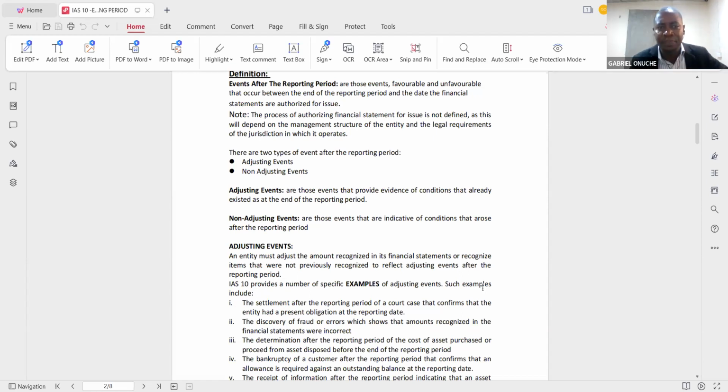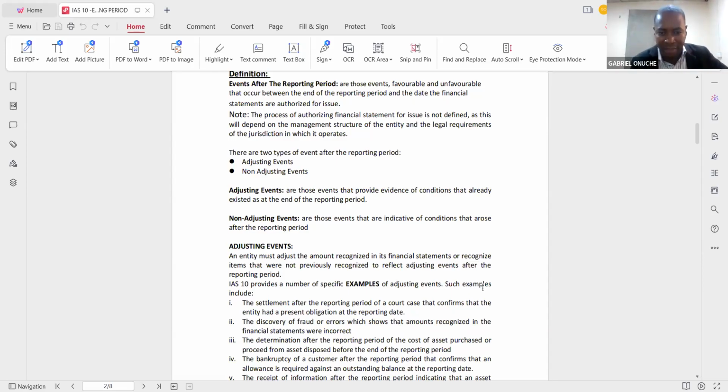Then secondly, we have what we call non-adjusting events. Those are events that are indicative of conditions that arose after the reporting period. What that means is that the evidence and the event occur after the reporting period. That is non-adjusting. However, for adjusting, the evidence exists at the reporting date, but the event occurs after the reporting date.